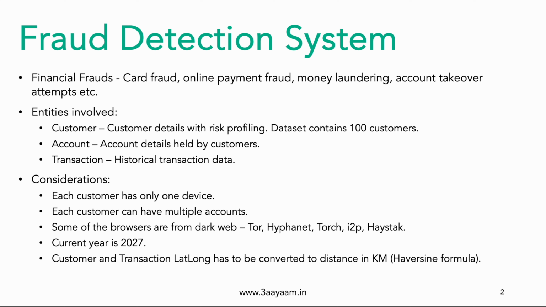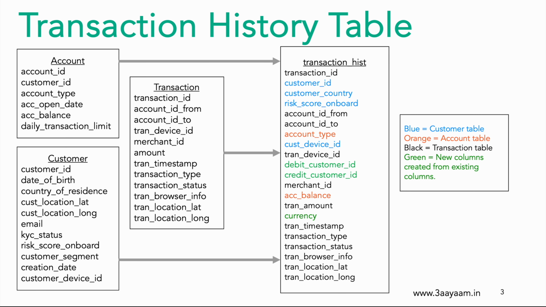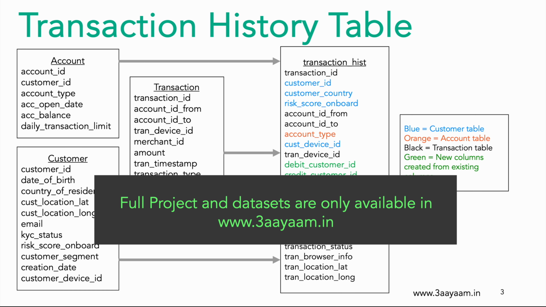We'll be implementing a fraud detection system. As I have told you, there are three entities: account entity, customer entity, and transaction entity. And these are the columns for the account, customer, and transaction entities. All these are actually files. There is a single account file, there is a single customer file, but there are multiple transaction files. What you have to do is load them into their individual tables, like the account table, customer table, and transaction table.